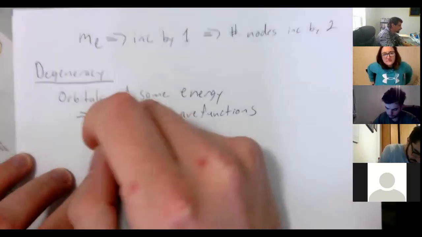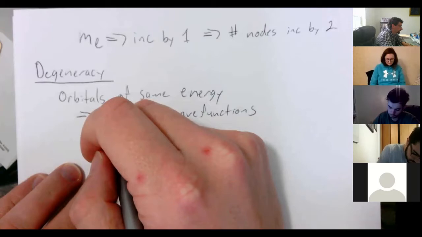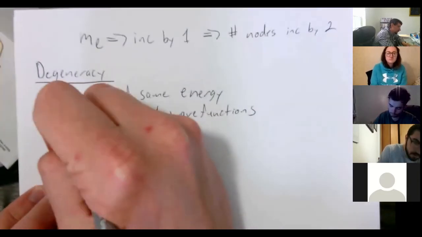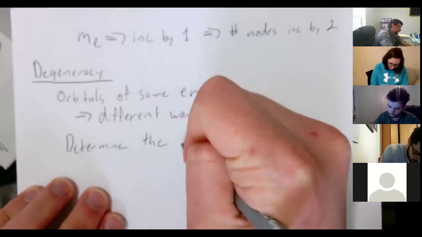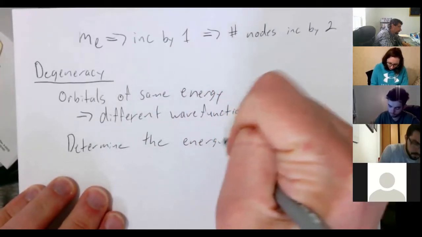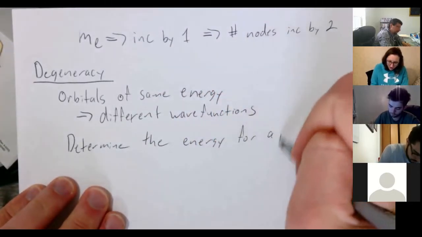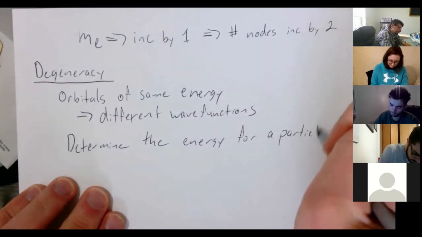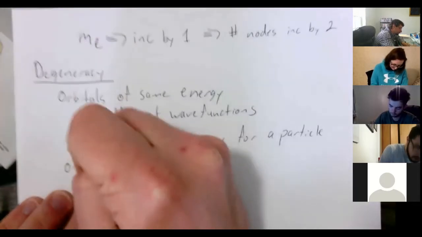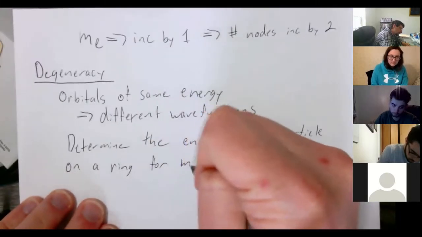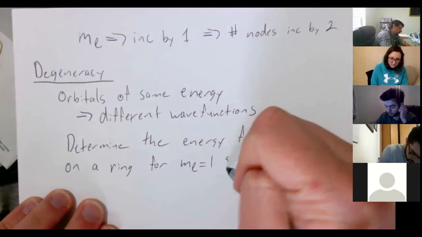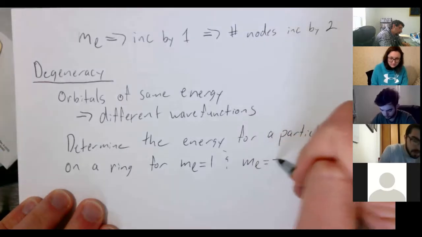Okay. So let's determine the energy for a particle on a ring, for ML is equal to 1 and ML is equal to minus 1.